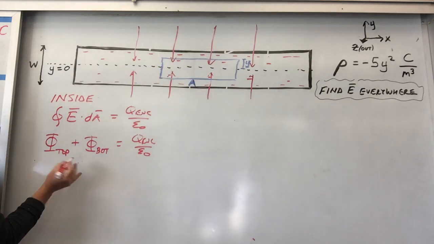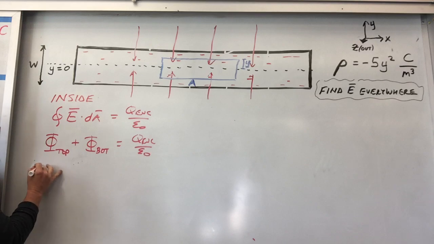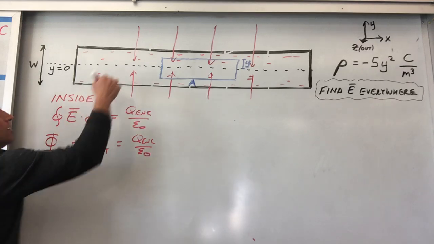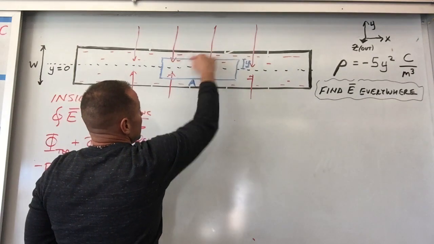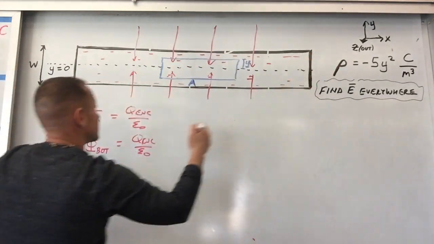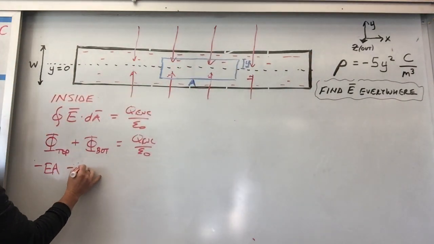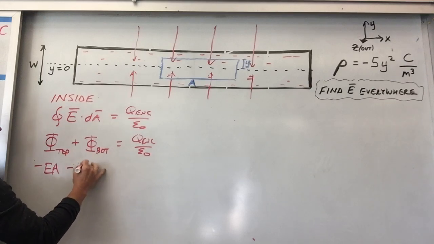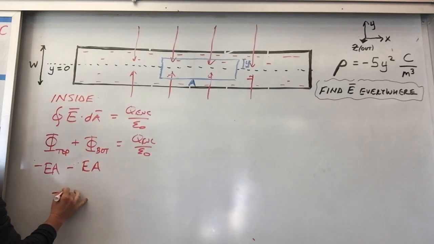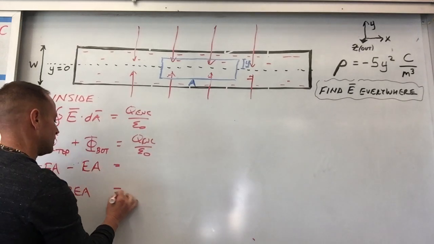We don't know what the magnitude of the field is, but we do know that it should be uniform along the top of this thing and along the bottom, so long as this thing is a wide slab. So you have minus EA plus another minus EA. So you basically get minus 2EA, all right? Equals.